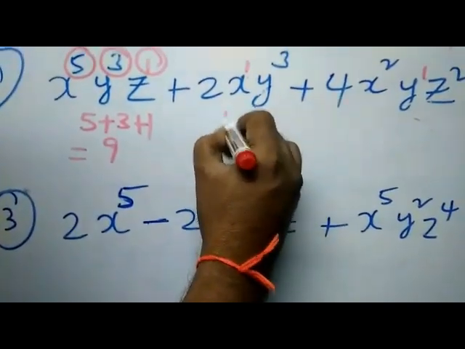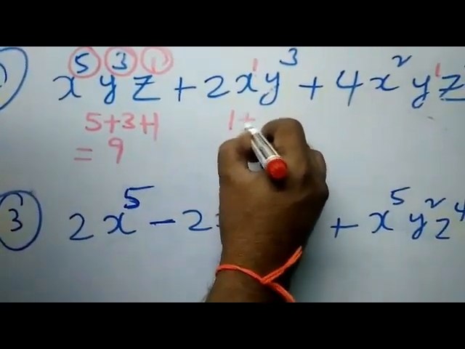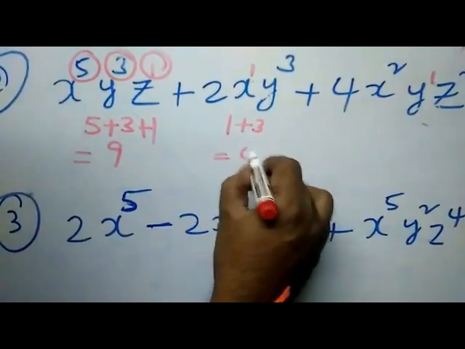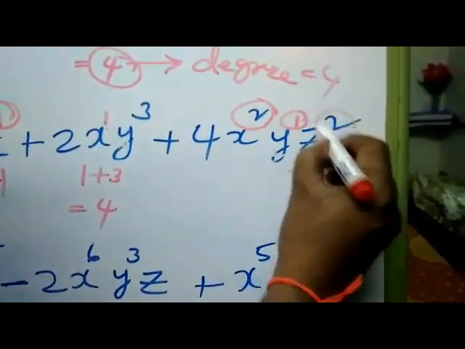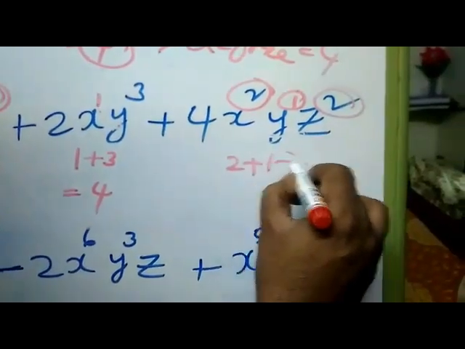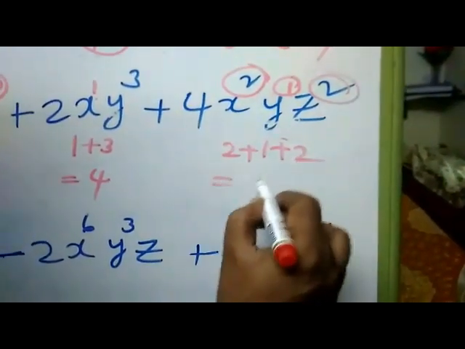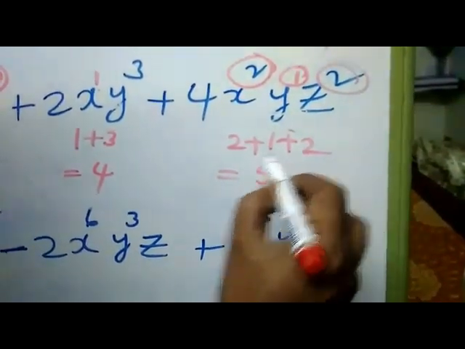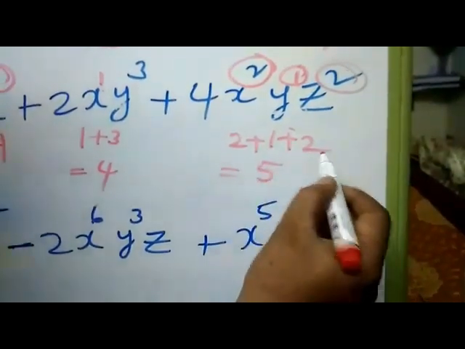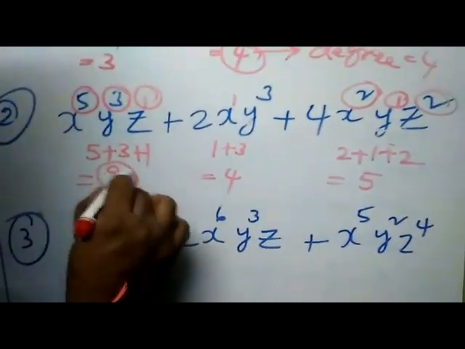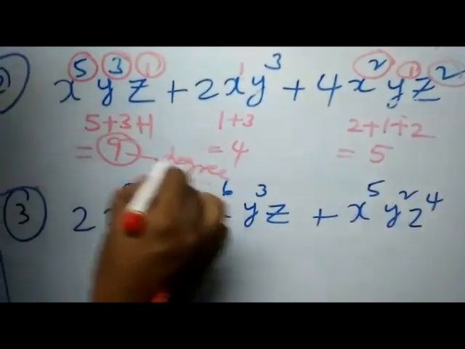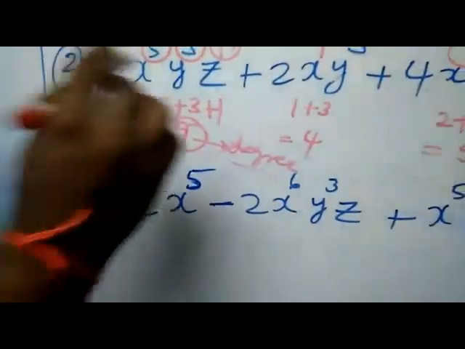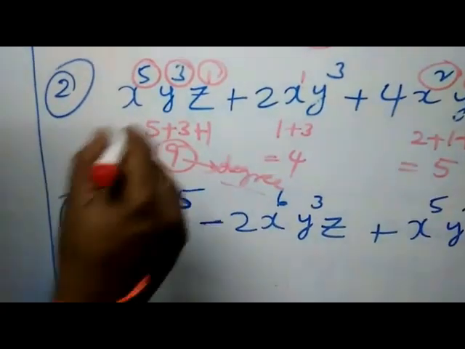Then 1 plus 3 is equal to 4. Here 2 plus 1 plus 2. 2 plus 2, 4. 4 plus 1, 5. In this, 9 is the highest. That's why degree is 9. Degree of this polynomial is 9.